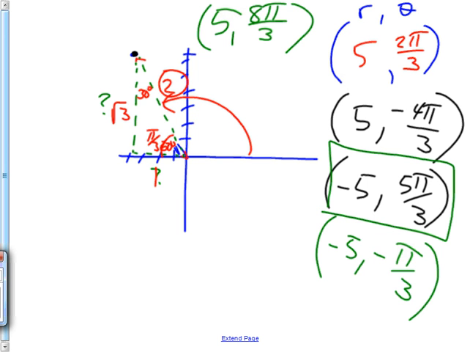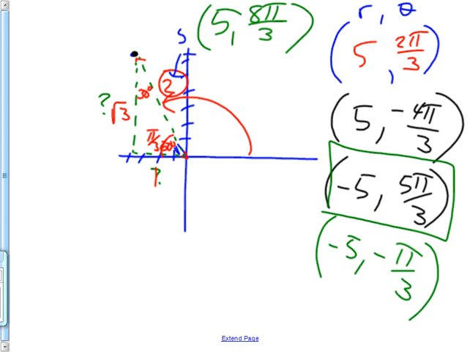And therefore, if my ratio is supposed to be 1, 2, square root of 3, then I have to somehow make it bigger. Well, would you agree I can multiply by something and make this actually be 5? I can multiply by 2.5, or also known as 5 over 2. If I multiply by 5 over 2, 2 times 5 over 2 would make 5.